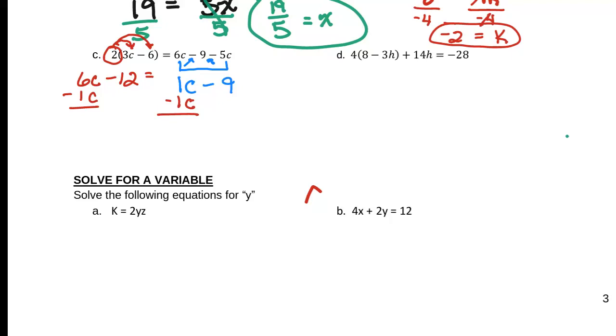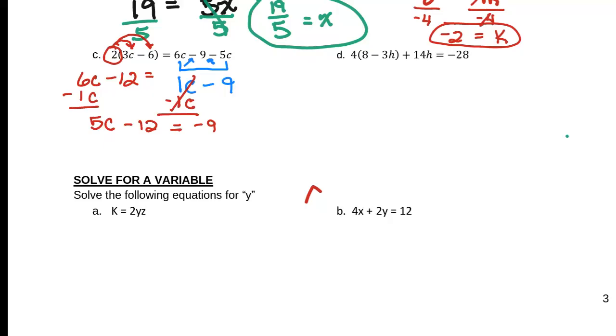Subtract, subtract. So the C's cancel out over here. 6C, 6 carrots minus 1 carrot leaves 5 carrots. 5C minus 12 equals negative 9.